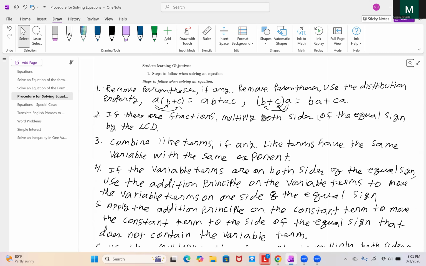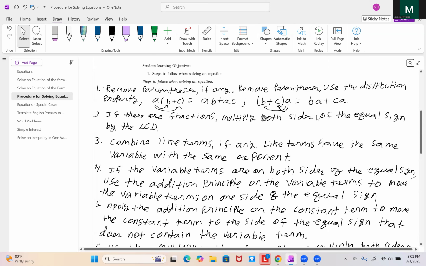If the variable terms are on both sides of the equal sign, use the addition principle on the variable terms to move the variable terms to one side of the equal sign. 5. Apply the addition principle on the constant term to move the constant term to the side of the equal sign that does not contain the variable term.